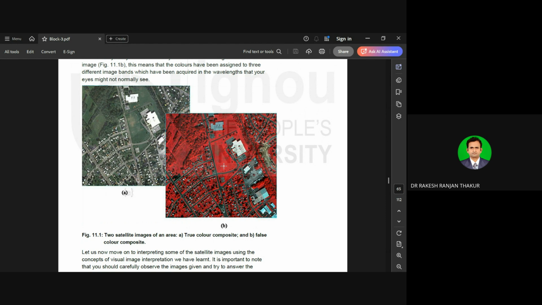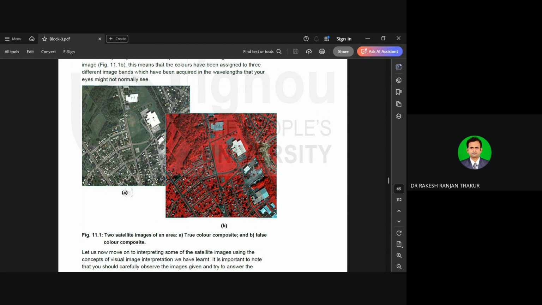So now the question arises that if we are having a natural color, then what is the need of giving false color, right? For example, here in the left at the very top, you can see that some vegetation cover is there, that area is in green, but in the false color it is showing as red.